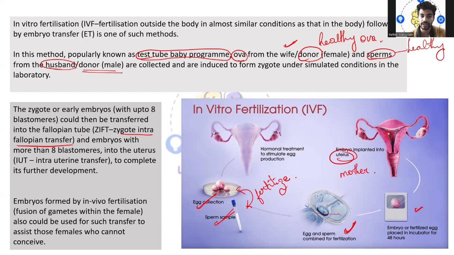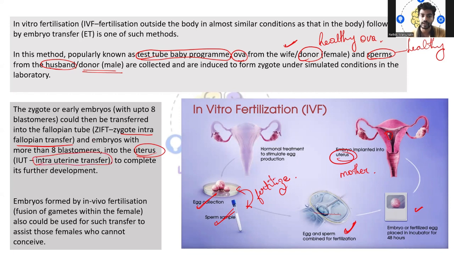If the embryo is beyond the 8 blastomere cell stage, then it is transferred into the uterus, which is called IUT, intrauterine transfer.